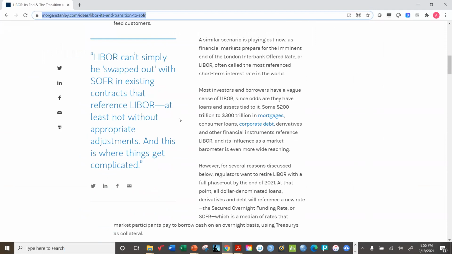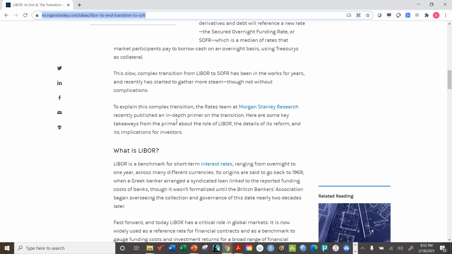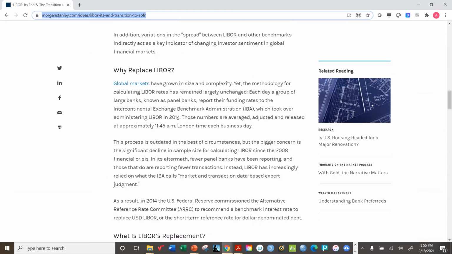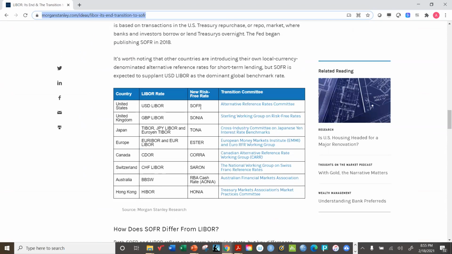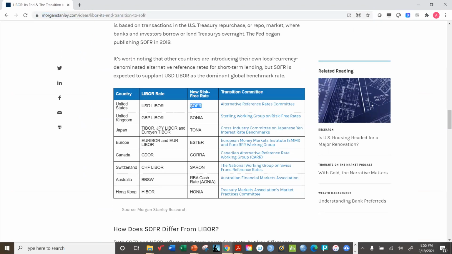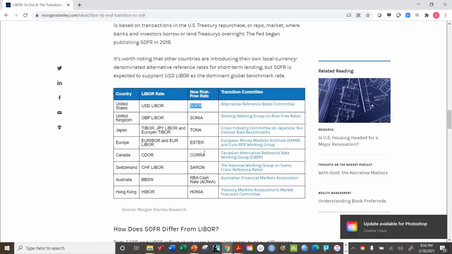I wasn't sure what they were planning on doing with the other euro currency rates. The dollar, this SOFR, is created by the Federal Reserve System, but these others have their own, like here, the Sterling Working Group on risk-free rates. They're all meant to be risk-free rates of interest, which means they have to be somehow tied to the domestic central bank and the treasury securities issued by those governments.